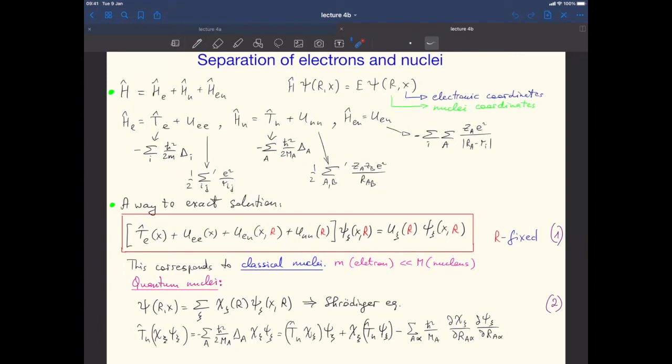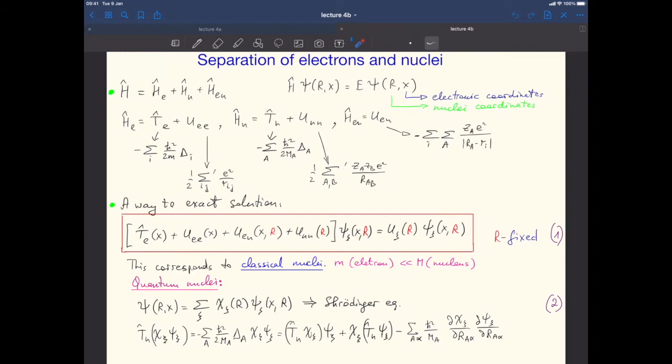And in order to solve this very general problem of nuclei and electrons, we start by writing an auxiliary equation, just for the electrons with fixed positions of the nuclei. This is the equation I'm talking about.